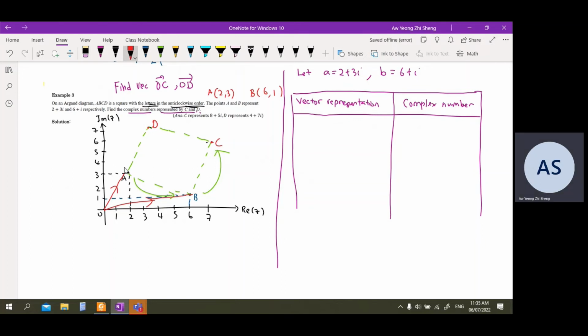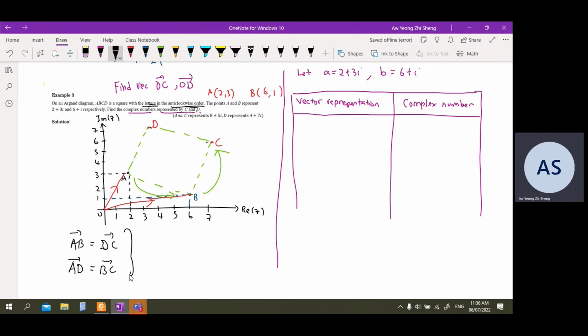Now, because ABCD is a square, I know that vector AB and vector DC must be the same vector. Vector AB must be equal to vector DC because these two vectors have the same length and the same direction. And recall from the chapter on vectors, for two vectors to be equal, we need them to have the same length and same direction. Similarly, vector AD is the same as vector BC because they have the same length and same direction.